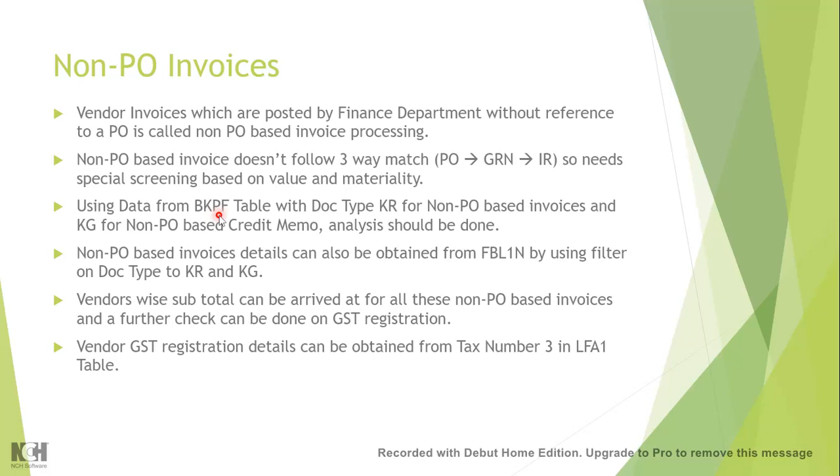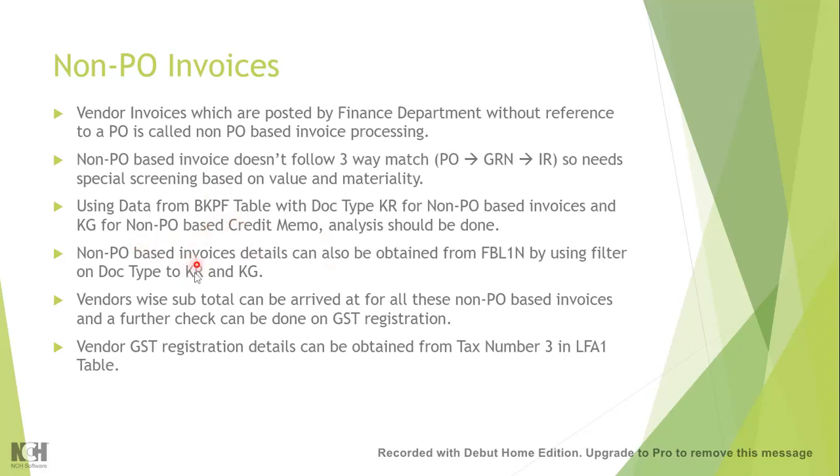So you must check what is the total value of non-PO based invoices. For that you can generate the data from BKPF table using the document type KR for invoices, and KG for credit memo. You can also obtain this data from FBL1 transaction by using the filter on document type KR and KG, if getting data from BKPF is difficult.